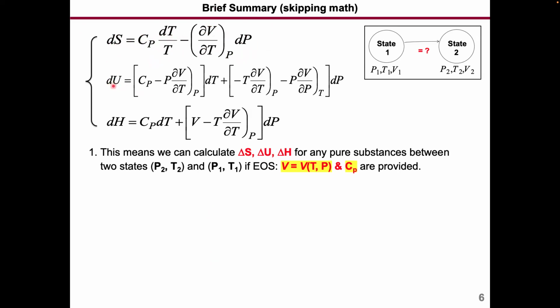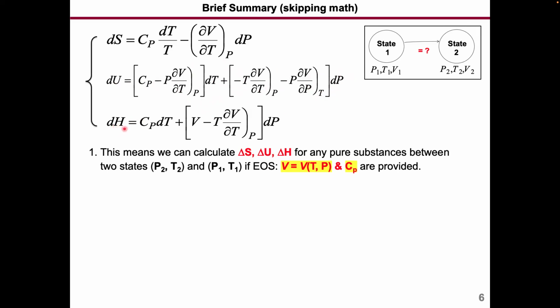Same thing for dU, which is more complicated: dU is (Cp minus P (∂V/∂T) at constant P) times dT, plus (minus T (∂V/∂T) at constant P, minus P (∂V/∂P) at constant T) dP. Again, U is converted to a function of T and P.